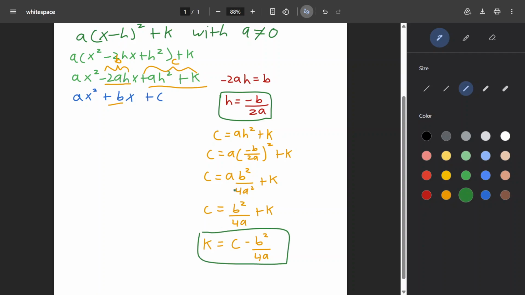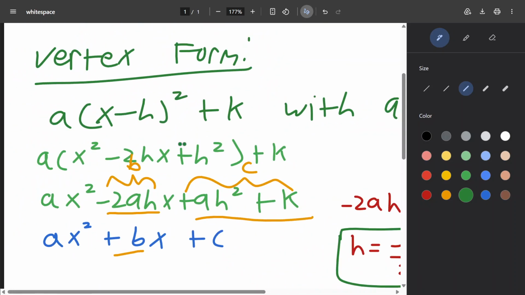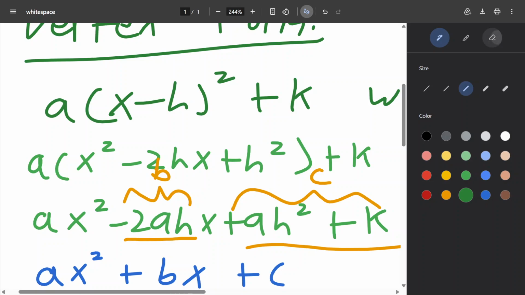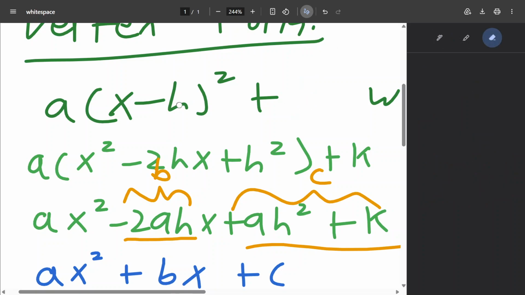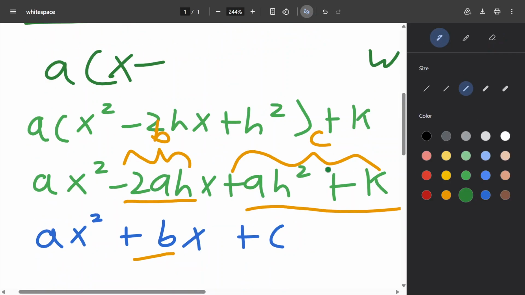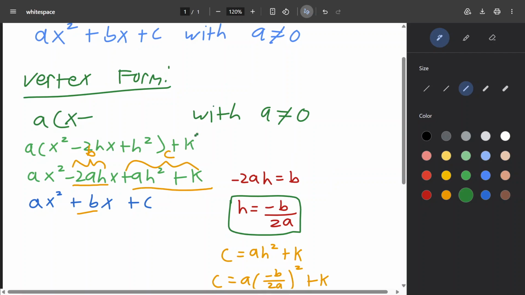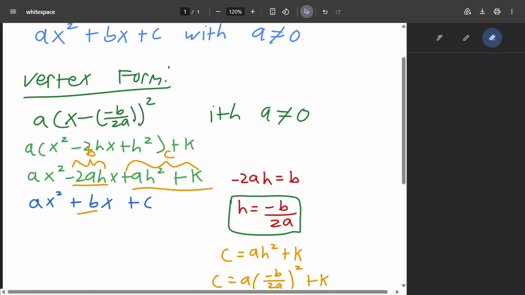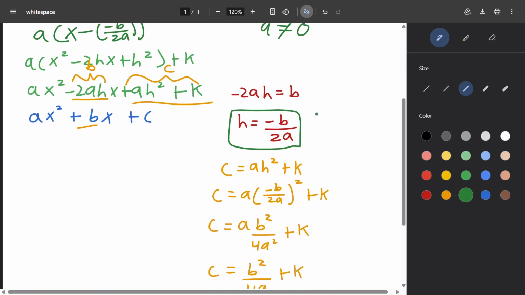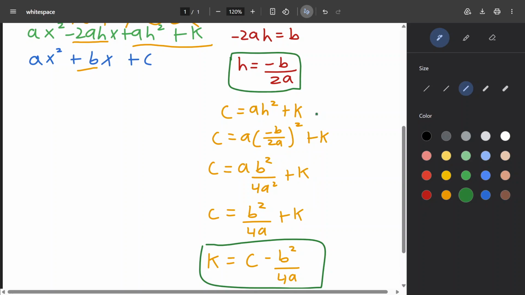Great. Now let's go back to our original expression and replace h and k with what we found them to be. We found that h is equal to negative b over 2a, so let's replace h with negative b over 2a. And we also found that k is equal to c minus b squared over 4a.